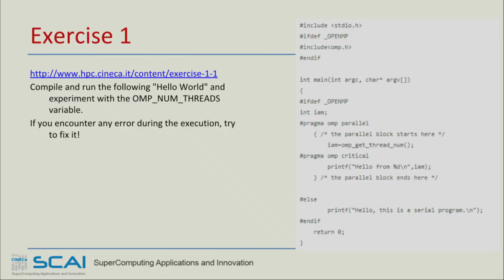But what happened is that if you didn't set the value of the OMP_NUM_THREADS variable, you are running with all the available threads, maybe 12 or something like that. Okay, that's fine.